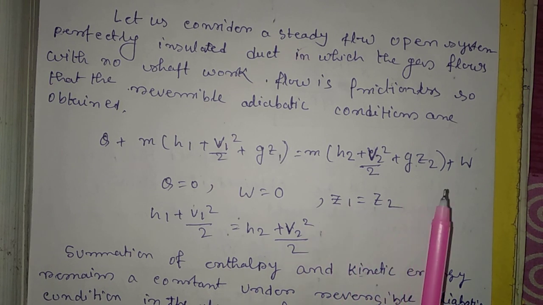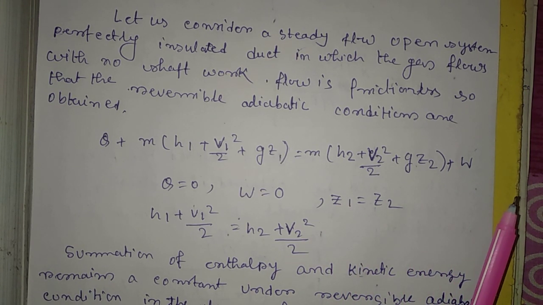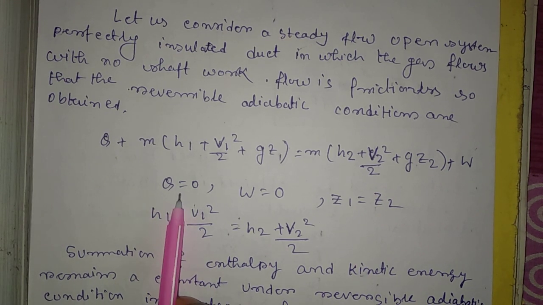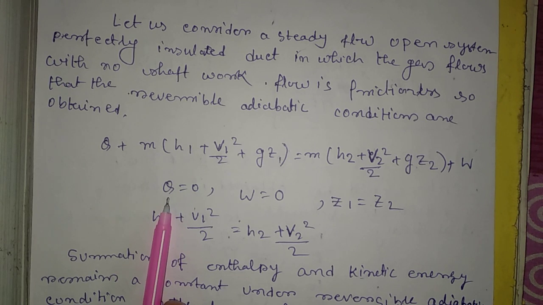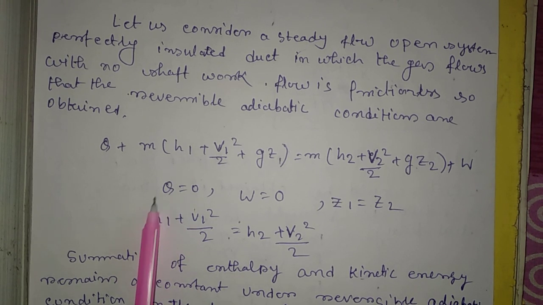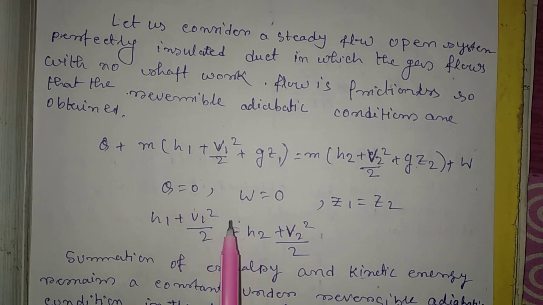Now, we have already gone through this in your previous semester. As we assume that no heat transfer takes place, as the process is reversible adiabatic, Q will be equal to 0, and we also assumed that no shaft work is involved, so W is equal to 0.